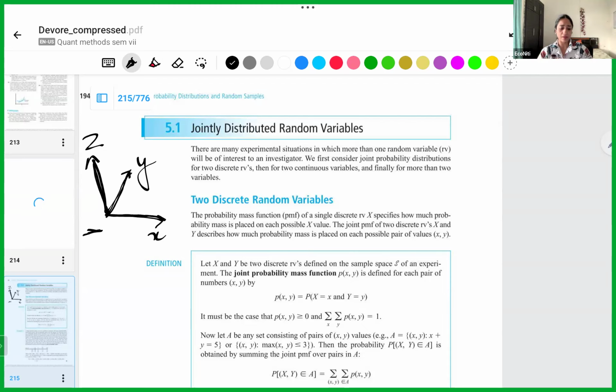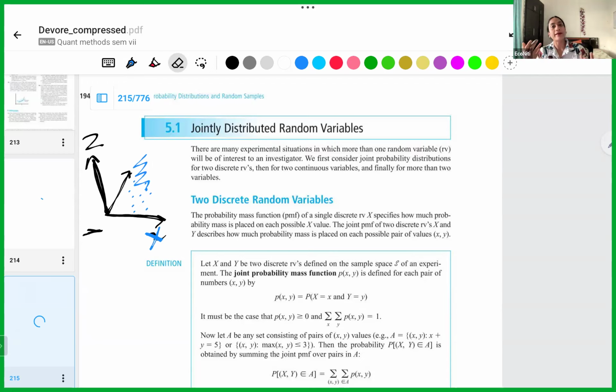Any point on this xy plane gives you a particular value of x and a particular value of y. So x is a random variable, y is a random variable, right? And every point here says x takes this value: x is equal to 1, y is equal to 2, x is equal to 5, y is equal to 7. All these points give that.